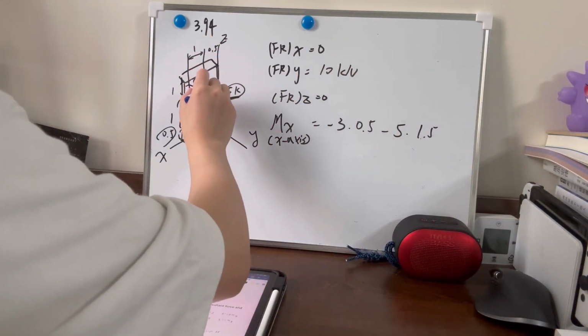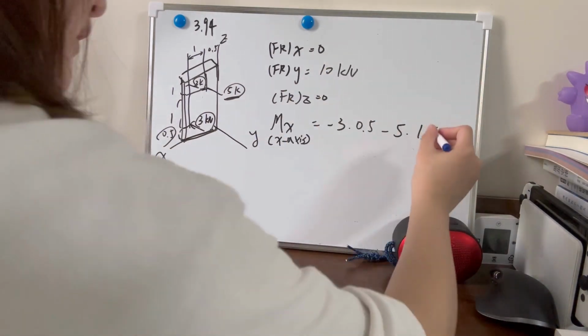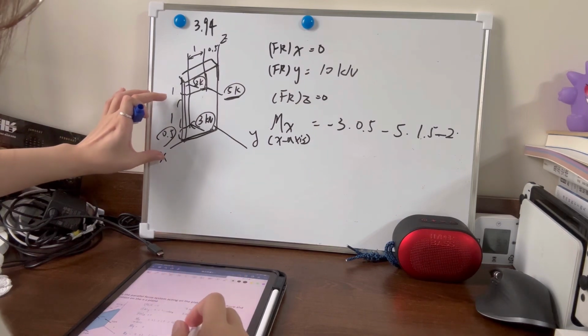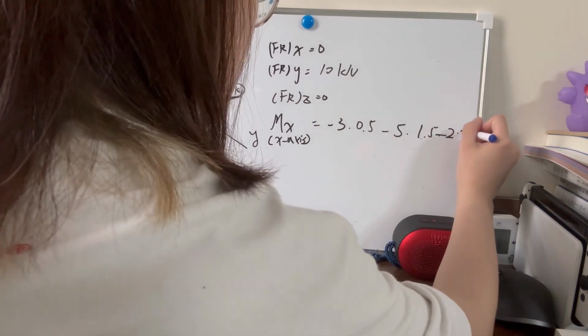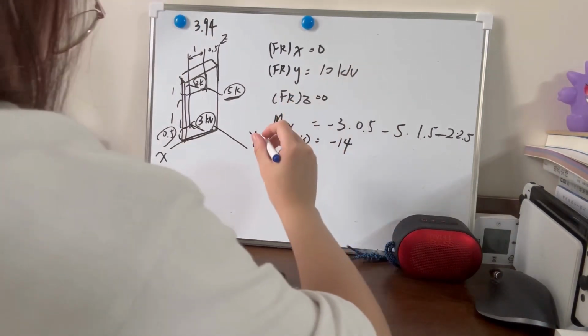And it's also this force 2, and times 2.5, and get the answer minus 14.